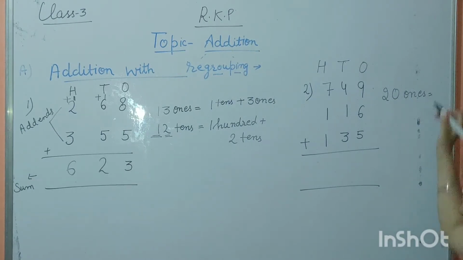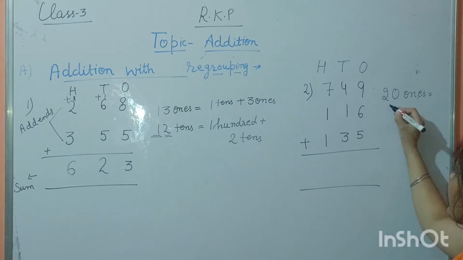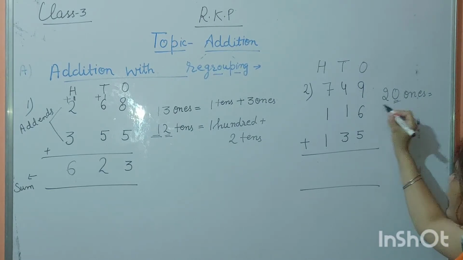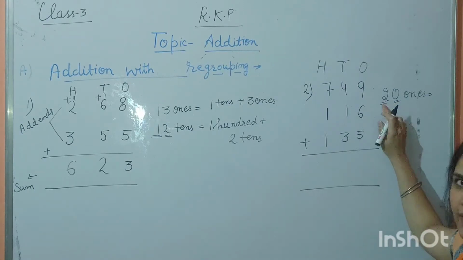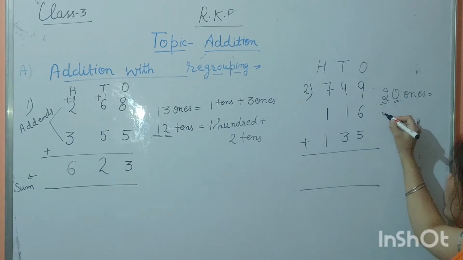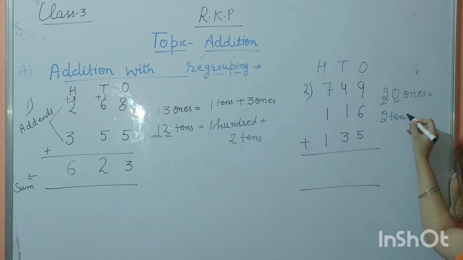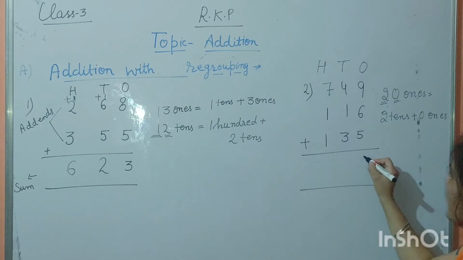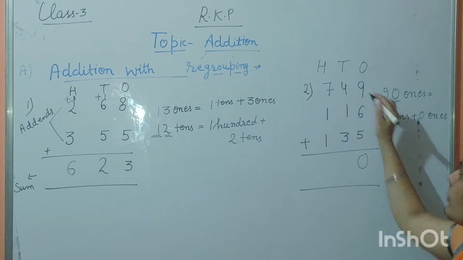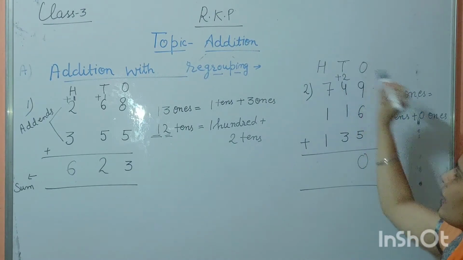Now regroup it. It becomes 2 tens plus 0 ones. 0 will come at the ones place and 2 tens will become the carry over.